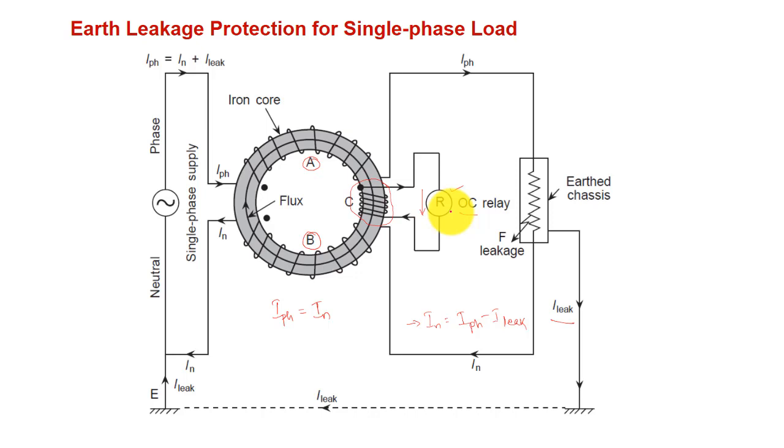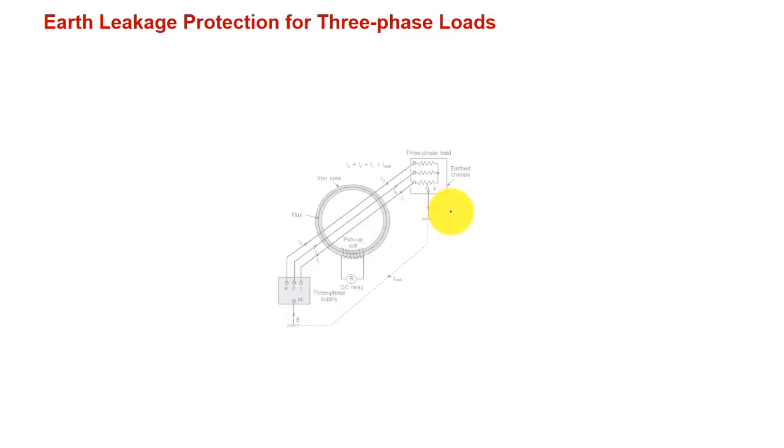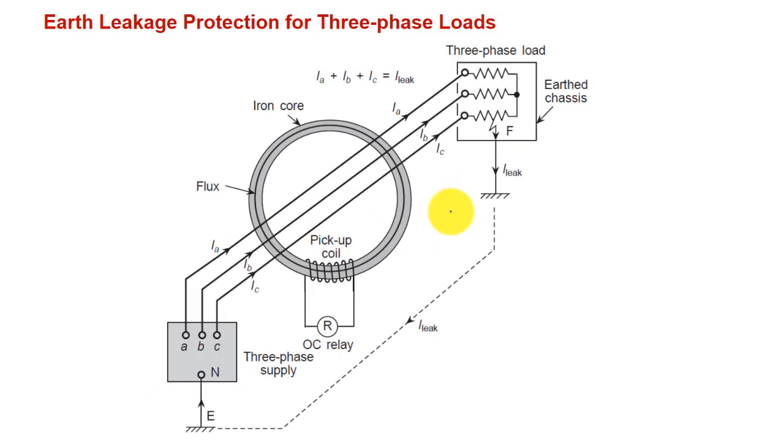Now this arrangement is valid for a single phase connection. Now we will see the earth leakage protection for a three phase load, three phase connection. Suppose we have a three phase load here, supplied by a three phase supply.